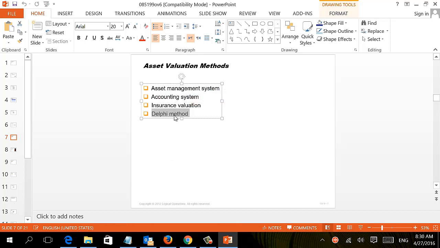You are not requested to understand how it works, but you need to know what the Delphi technique is. It's a technique used for assets evaluation, and it depends on expert opinion and an anonymous survey. So if you get any question in the exam with those keywords, asking what technique is used for evaluating assets based on expert opinion or survey, it should be the Delphi technique.